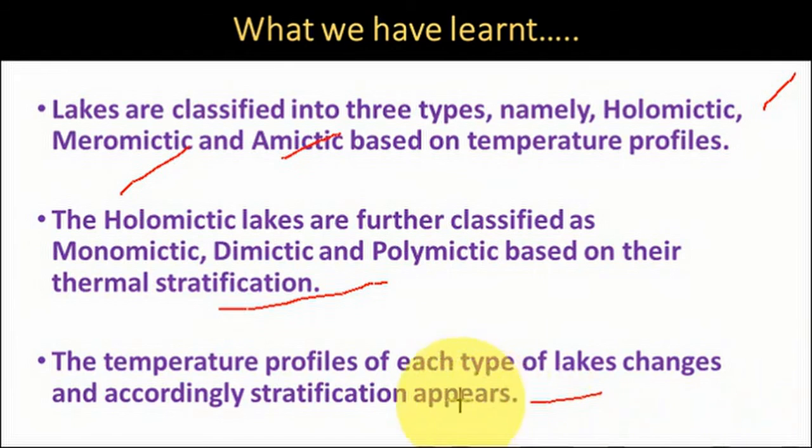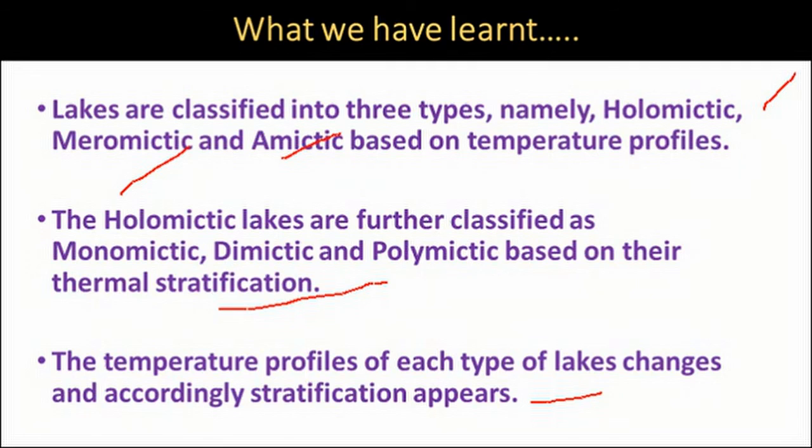The temperature profiles of each type of lake change, and accordingly stratification appears, and this change depends on the different seasonal conditions of the area or the location where the lake is situated.